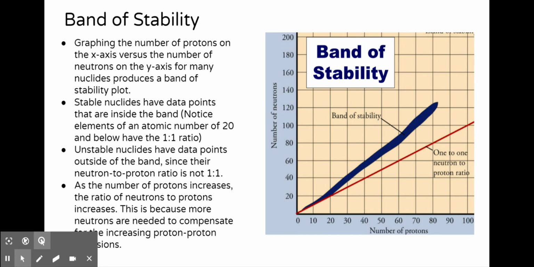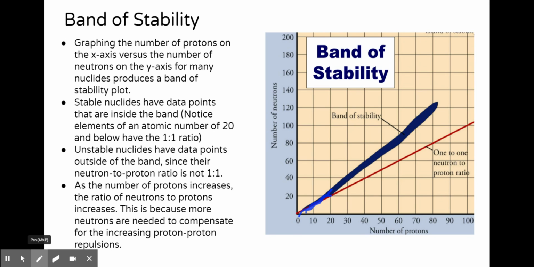All of the isotopes found in the blue band are stable isotopes. As you can see, everything from about 1 to 20 has a stable isotope and is on that 1-to-1 ratio line.